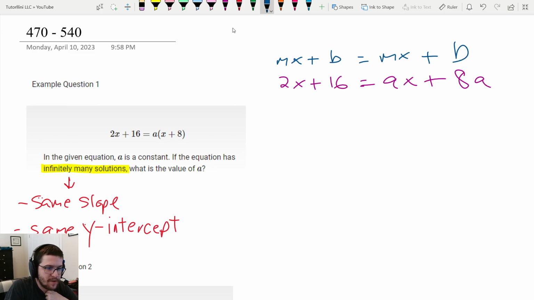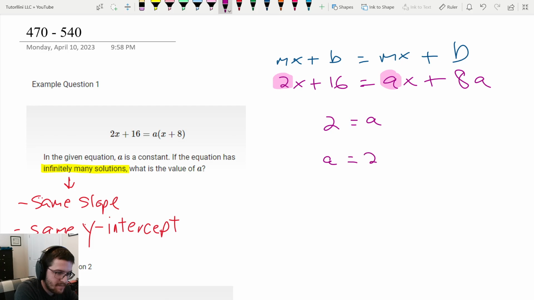So same slope, same y-intercept. Doesn't matter which one you do. Why don't we do same slope? So the slope of that guy is 2, and the slope of this guy is a. So 2 equals a, or in other words, a equals 2.